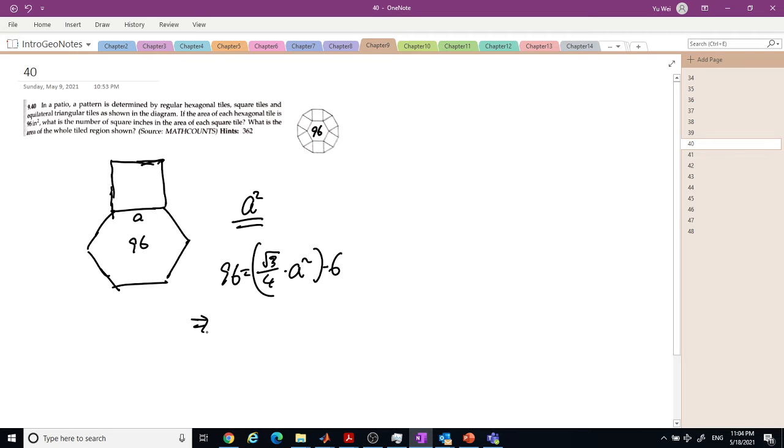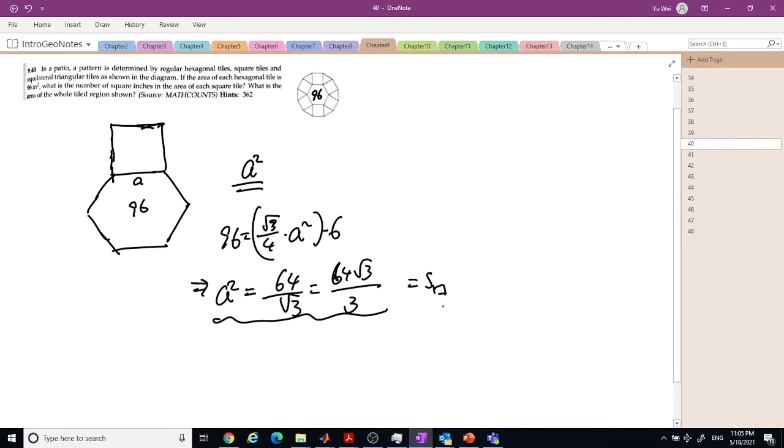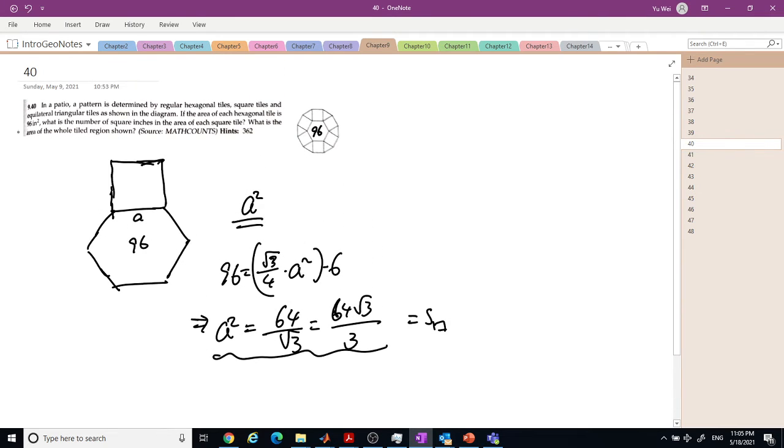Now we can see a squared is equal to 64/√3, so now we have 64√3/3. This is the area of the square. Now, what is the area of the whole tile?